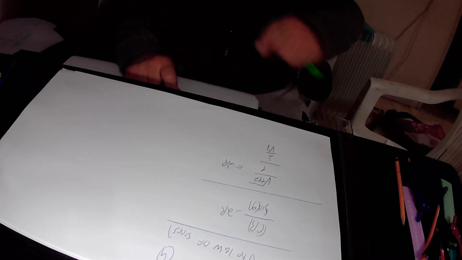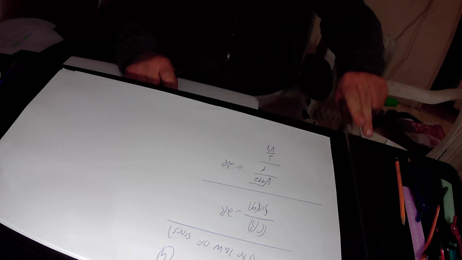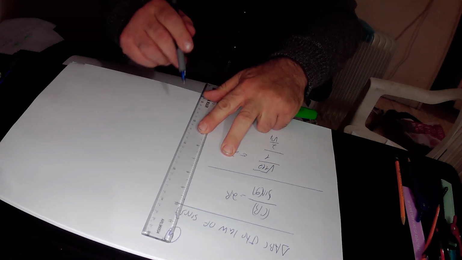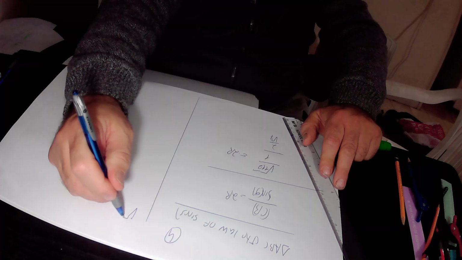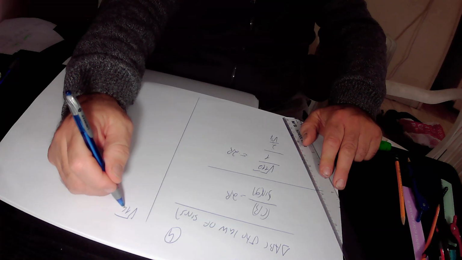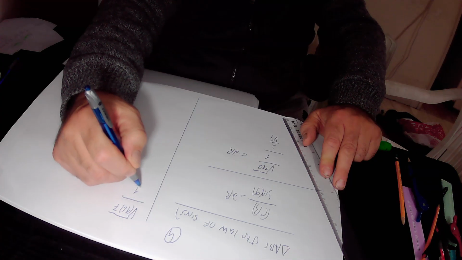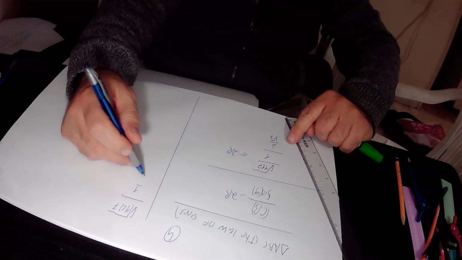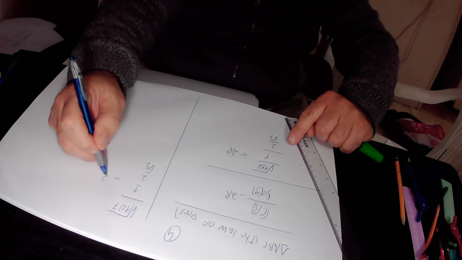So here we have square root of 112. We write 112 as 16 times 7, over 2 over square root of 7, equals 2r.